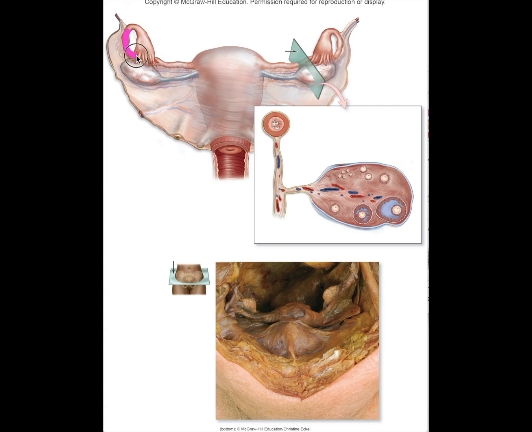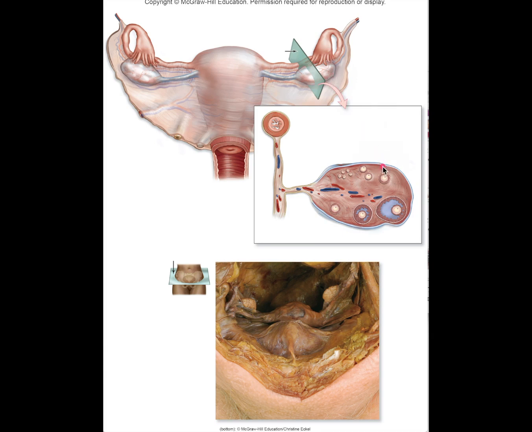And they are these tubes right here that attach and empty into the uterus. The uterine tubes have different segments to them. This part right here where it opens up is called the infundibulum. And the infundibulum has these little finger-like projections coming out that are called the fimbriae.